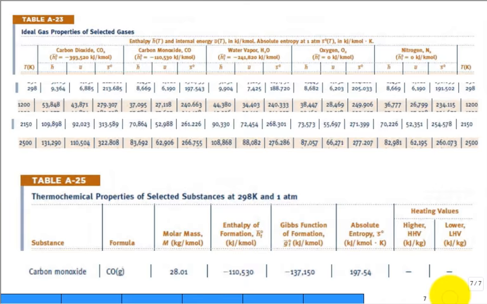So I have to get a lot of data out of tables. First of all, for the fuel, we have to get that enthalpy of formation. All right. And then for our water vapor, here's our column for water vapor right here. Here is our enthalpy of formation of water vapor. And then for the nitrogen, 0, oxygen, 0, carbon dioxide has an enthalpy of formation.